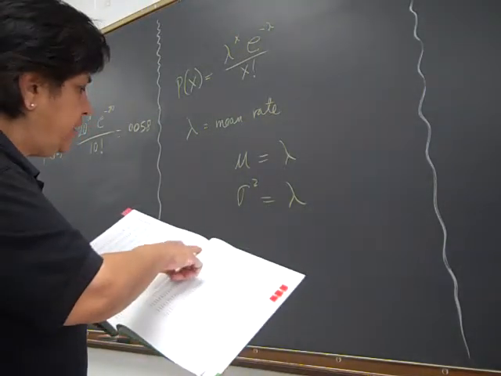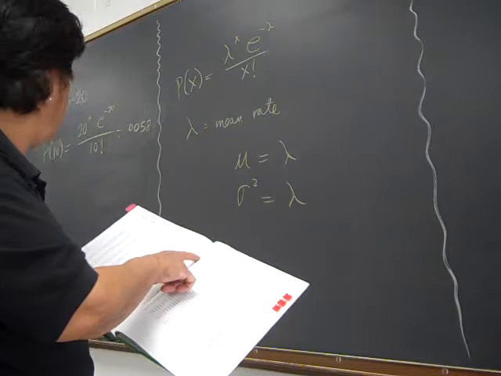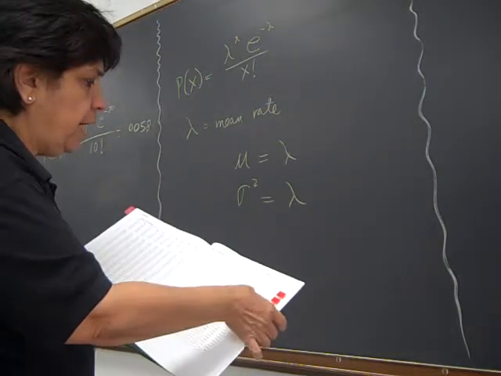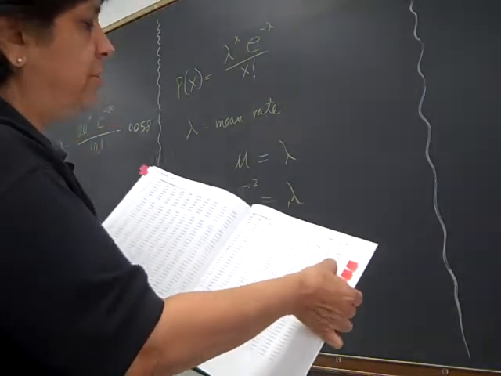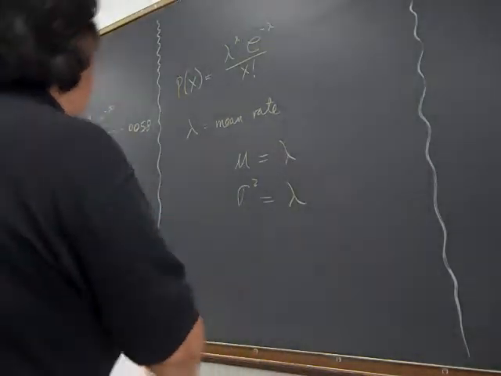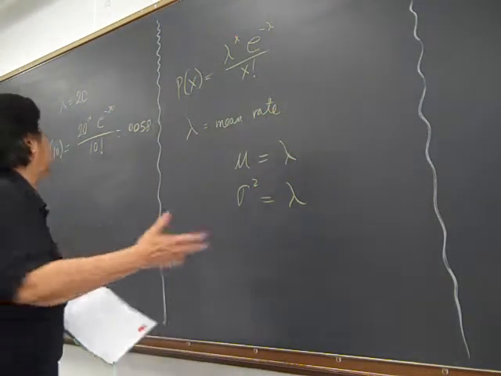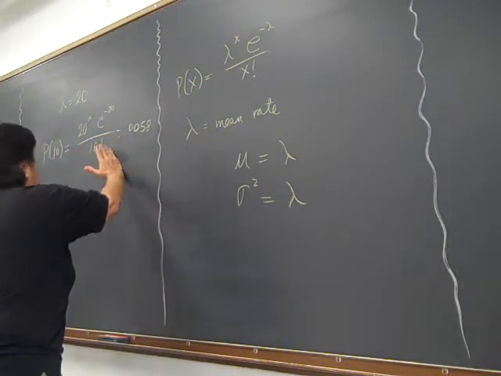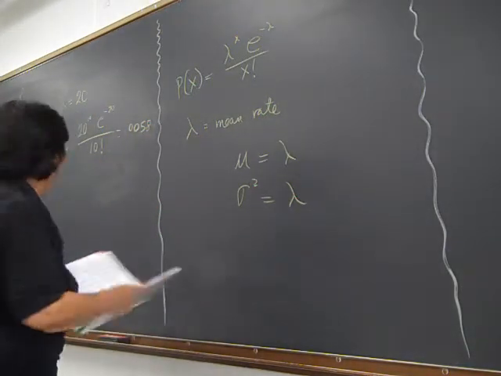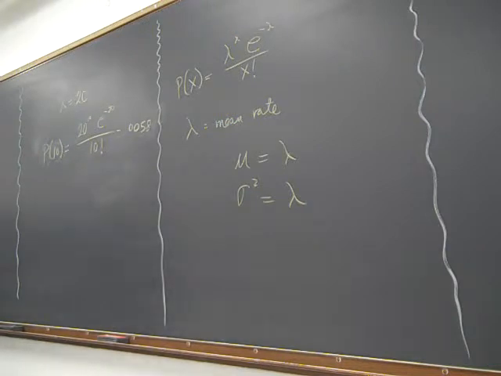Go to the 20 and then go to 10. That is the probability of 10 customers, and I'm going to see 0.0058. It's exactly what we have here. So we can have the formula, we can have a table, or we can use the TI-84 as well.